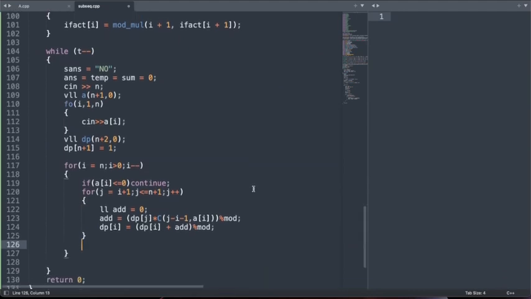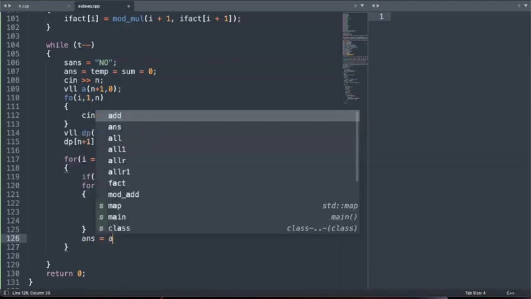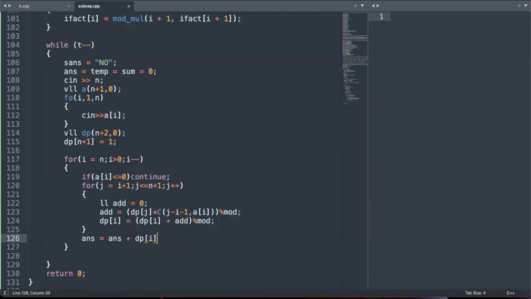And also, can anybody tell me what will be my final answer here? I forgot to discuss it. Once I have all these DP values, my final answer is going to be the sum of all DP values. So I can just do it here only: answer is equal to answer plus dp of i.